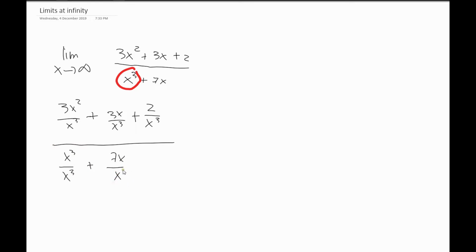So the result here is 3 over x plus 3 over x squared plus 2 over x cubed.